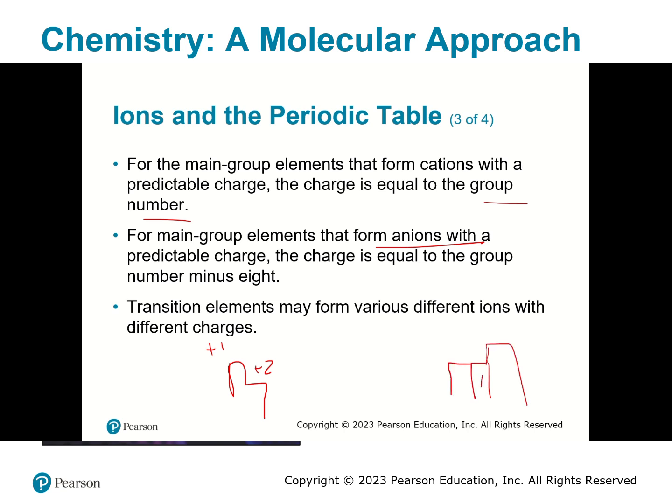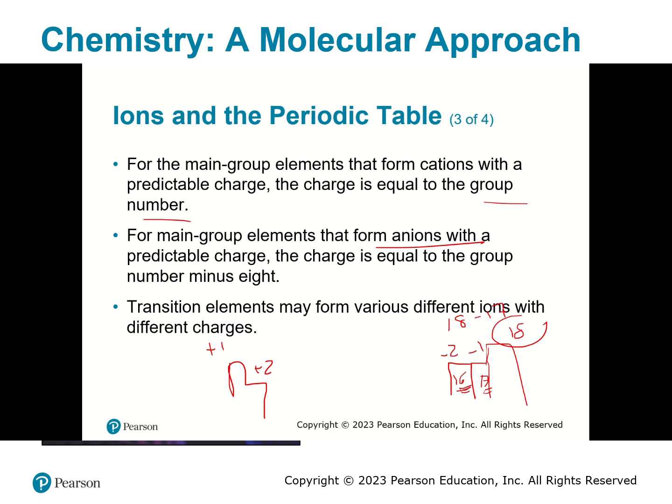So if you go 17, 16, forget about the tens over here, because in the past we used 7 and 8. Now 17 means 7 valence electrons, and group 18 is the noble gas. So 17 is -1, and 16 is -2.